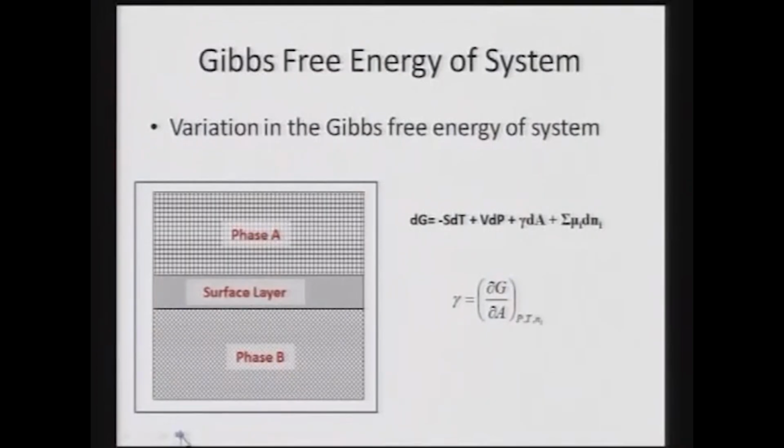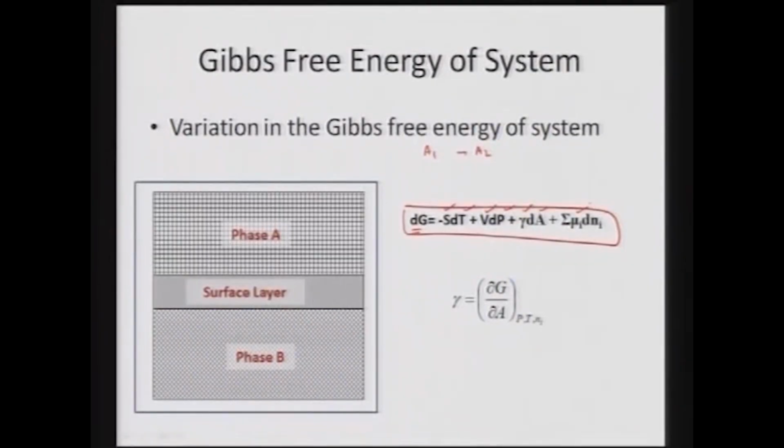The variation in the Gibbs free energy of a system is defined as the change in going from one equilibrium state to another. So if we go from area A1 to A2, the overall Gibbs free energy of the system is given by this particular equation, which depends on the entropy, temperature, volume, pressure, surface tension, area, and also the chemical potential.